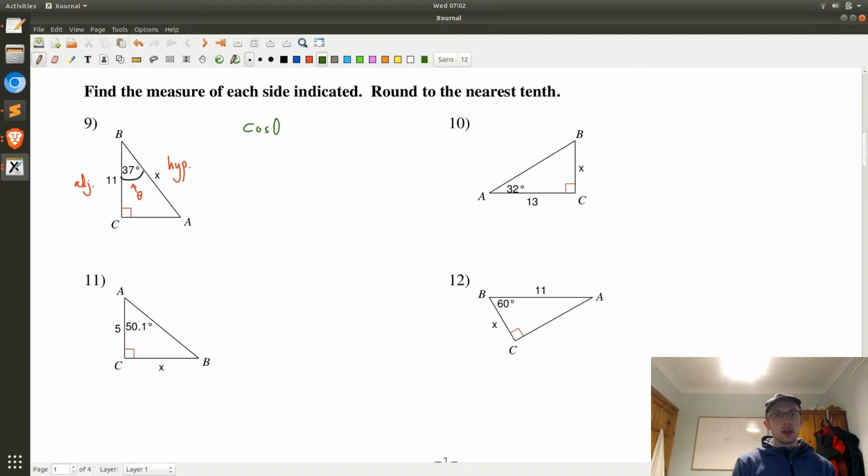Reminder, cosine of theta is the adjacent over the hypotenuse. So, cosine of 37 degrees equals 11 over x. So what's x? X is 11 over cosine of 37 degrees.